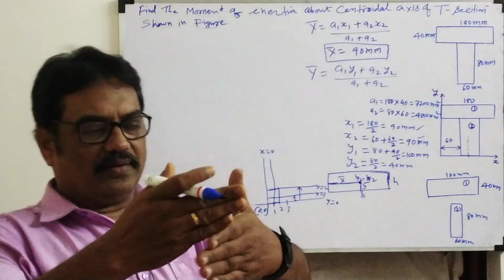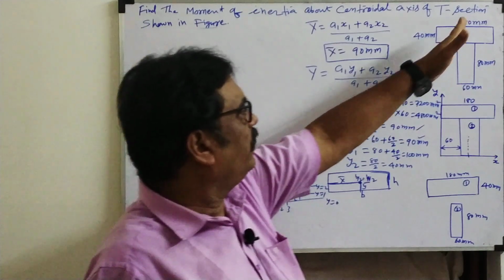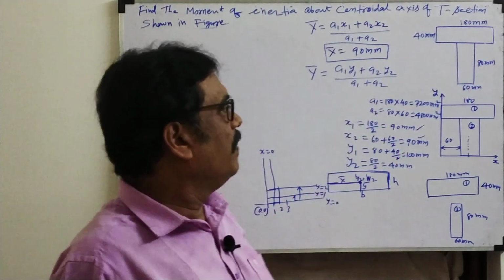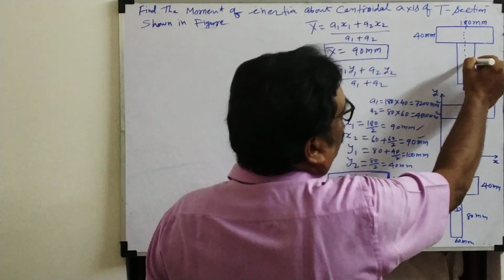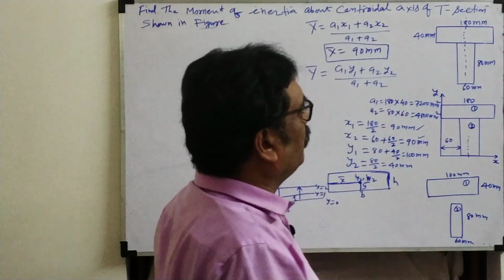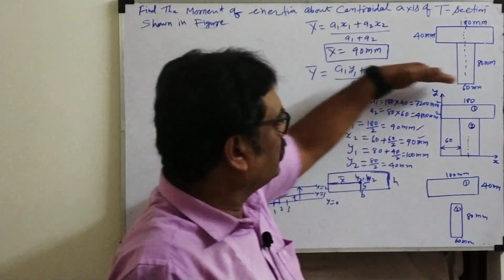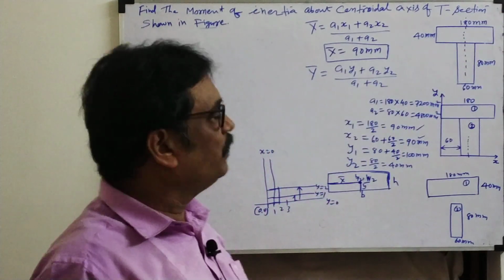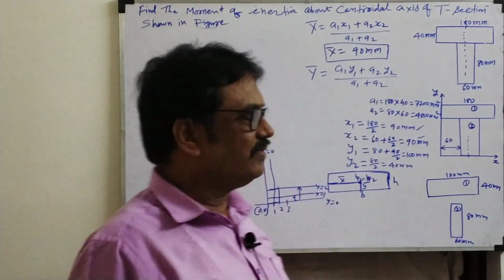We cut the sections either vertically or horizontally and see which way we can cut these sections equally. Suppose we draw the vertical line. Now you see we are able to cut both sections equally. Both will be mirror images of each other. But if we cut horizontally, you cannot cut equally. That means this is symmetrical about the y-axis and unsymmetrical about the x-axis.